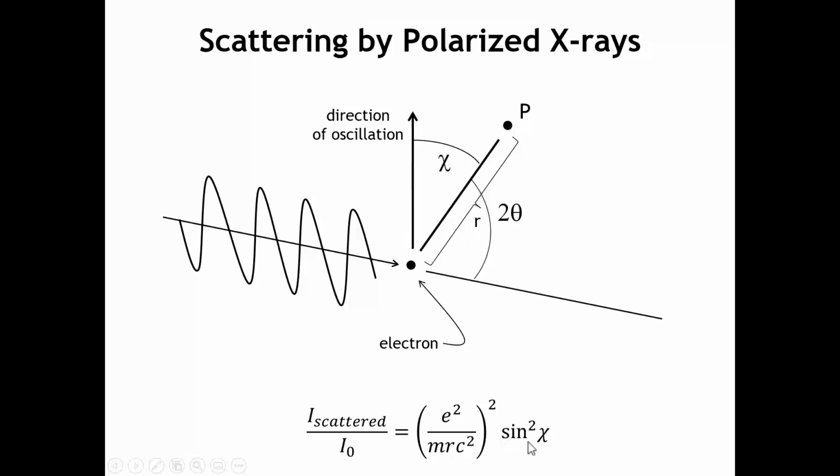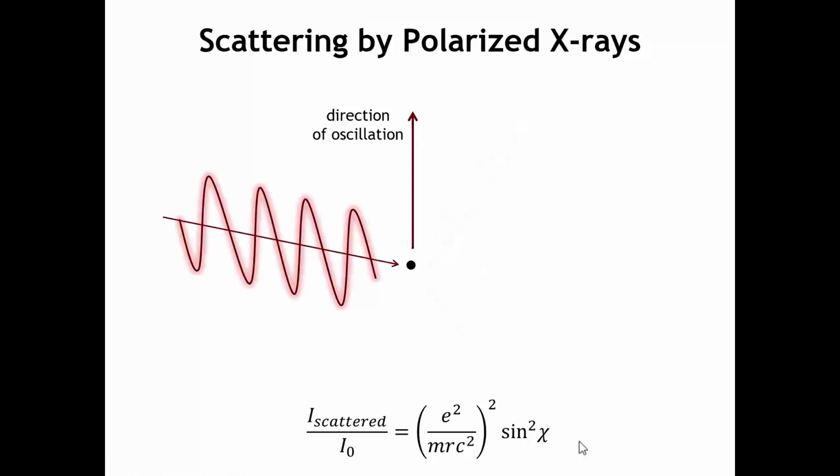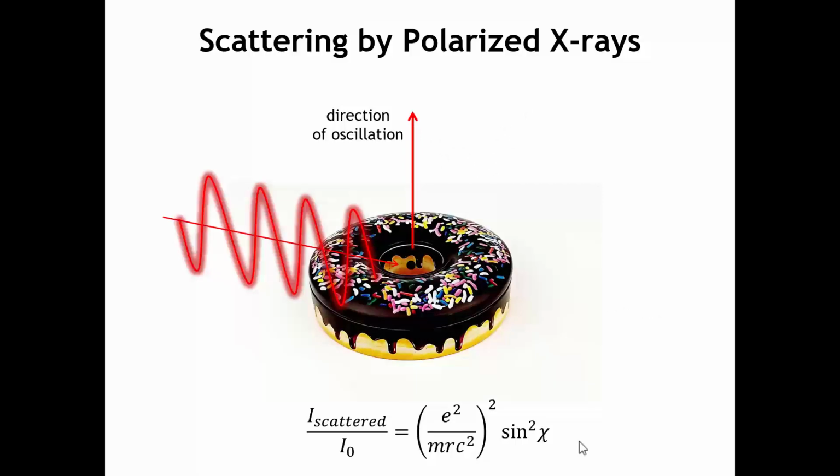The sine squared of 0 is still 0. But in all of the directions that are perpendicular to the direction of the polarization, that's 90 degrees for chi, then this sine squared term goes to 1, and that's going to be the maximum scattering. So what we end up getting is a distribution in the intensity of the scattered X-ray radiation that's donut-shaped.